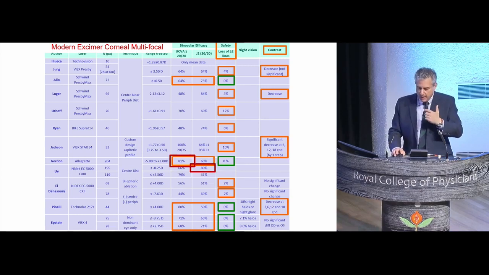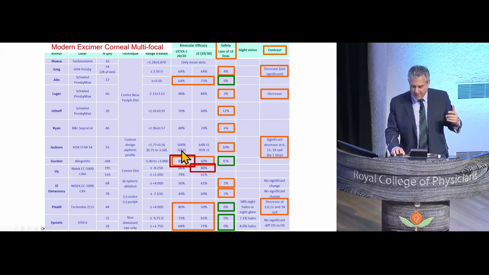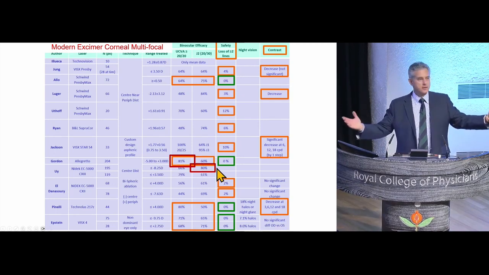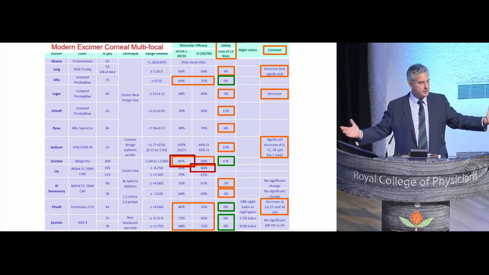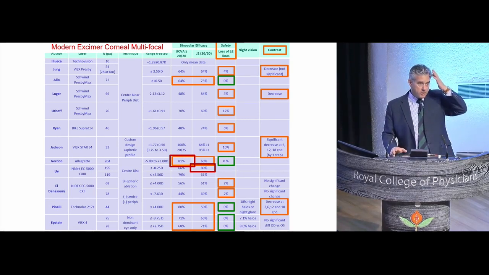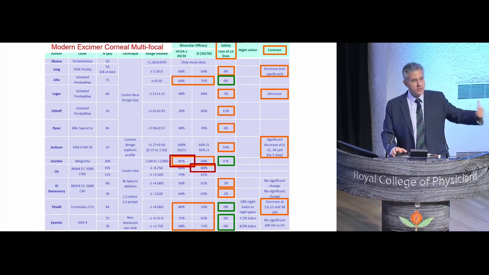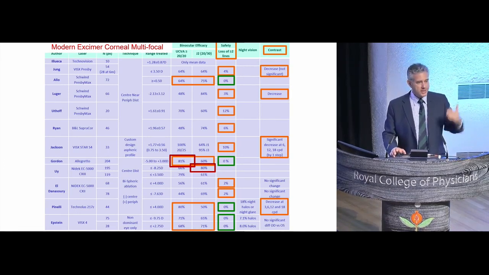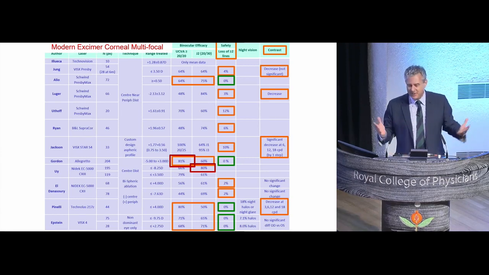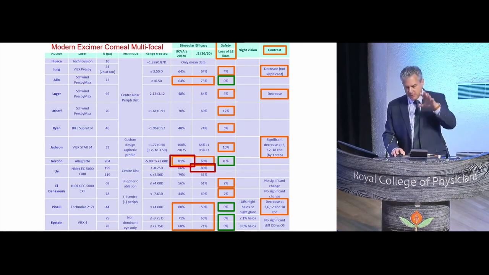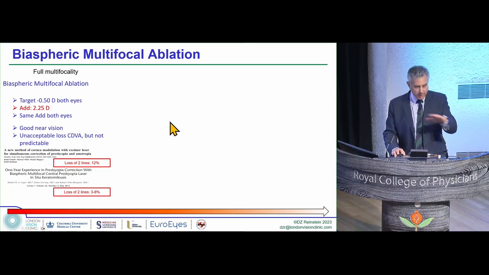Same story. And if you take the best of the best, it was 80% 20/20 and 80% near. I just showed you that even hyperopes up to +6, 77% were 20/20 J2 and 95% were 20/20 J3, or J5 I think it was. So multifocality on the cornea hasn't been shown to work well, period.